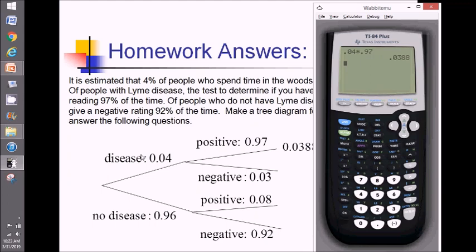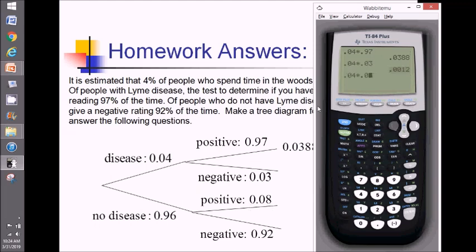So now we need disease and negative reading. So that's 0.04 times 0.03, which comes out to 0.0012. And let's just do the rest of these real quick.